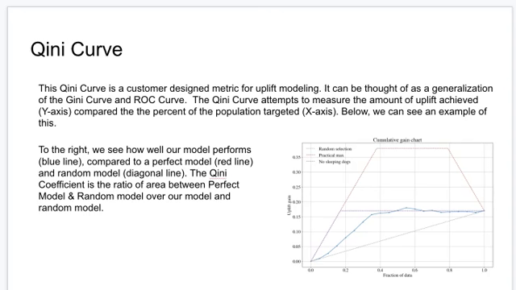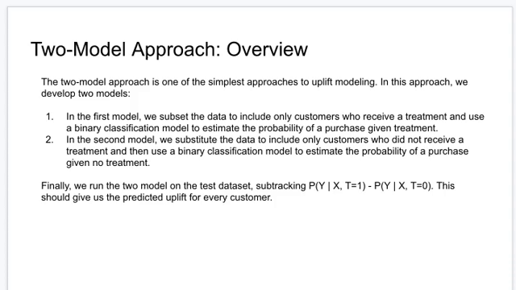Okay, so hopefully this gives you a good intuition of how the evaluation of an uplift model is performed. So moving forward, I can go ahead and get into the actual modeling approaches. The first method to model uplift is known as the two-model approach, and this is basically the simplest approach there is.